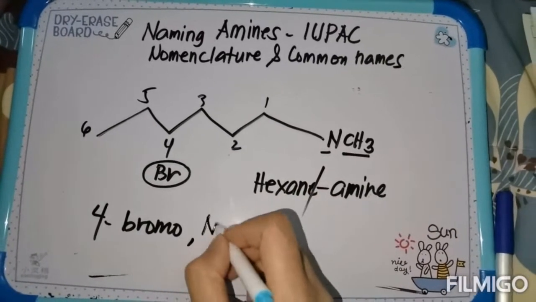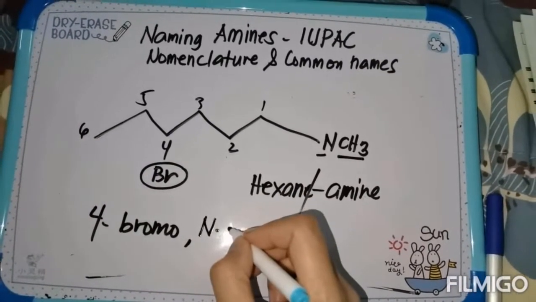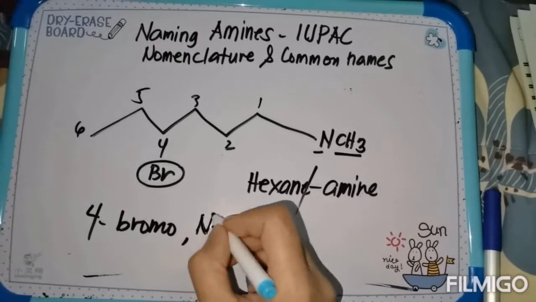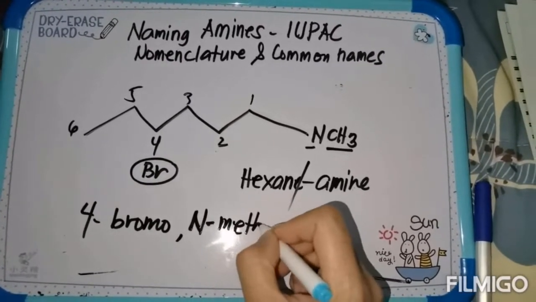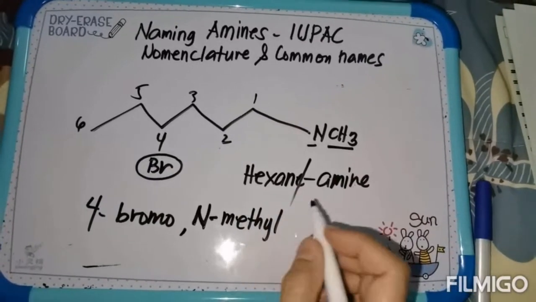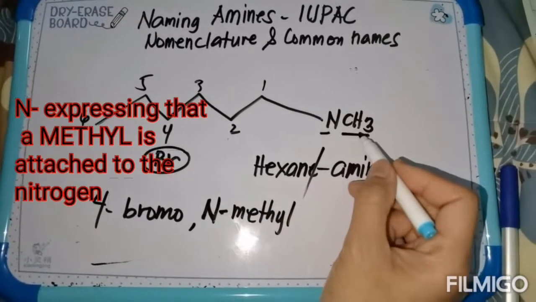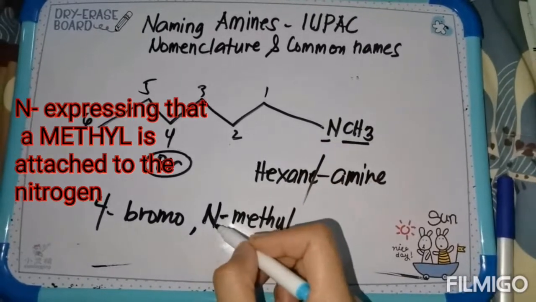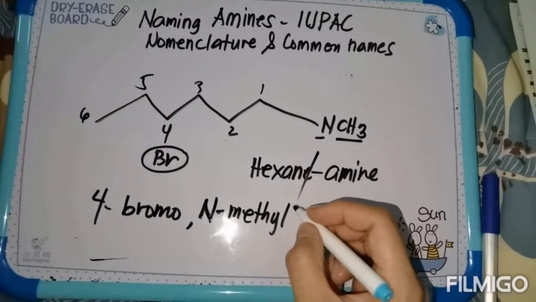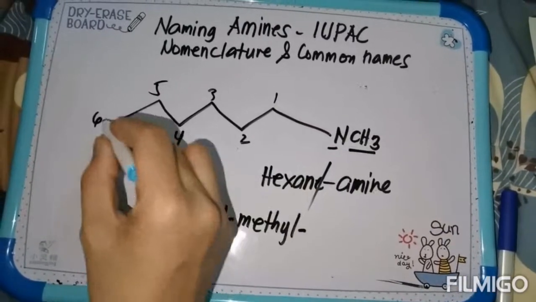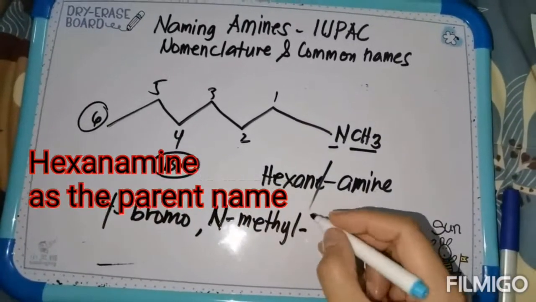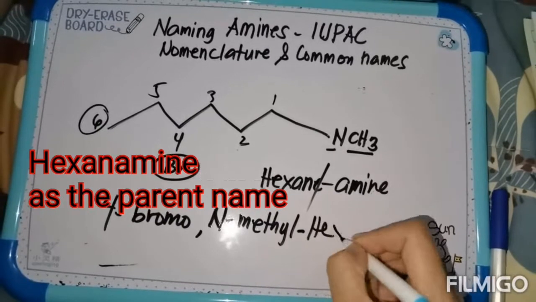and we have the N-methyl. Instead of numbering, guys, we should name this as N-methyl, expressing that a methyl is attached to the nitrogen. And after that, we have one long carbon chain, which is the six-carbon group, the hexanamine.